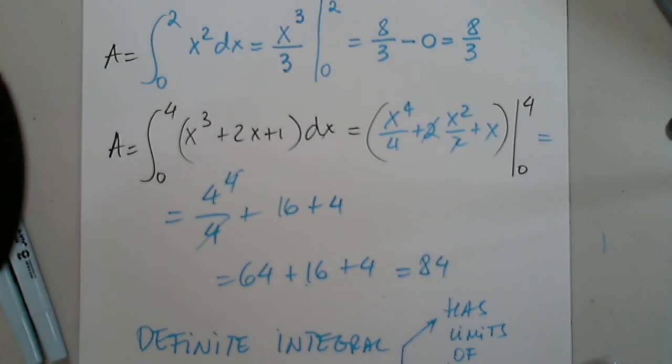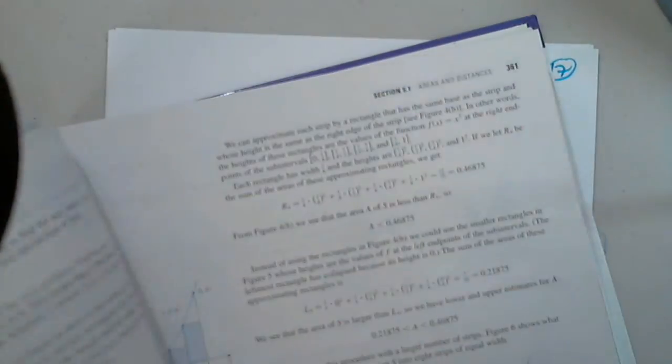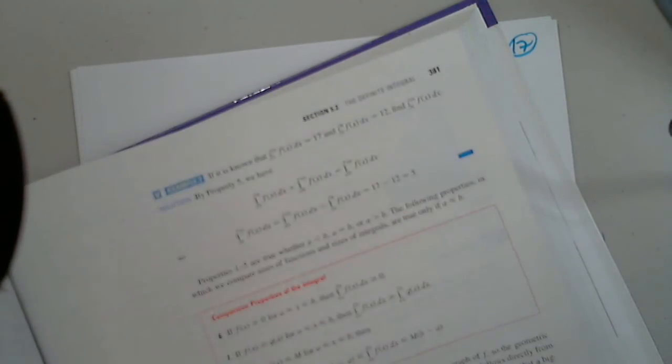So I will just choose from the old book. So I have it right here. It doesn't matter, they're all the same. So I just want to calculate definite integrals. There are properties that we have to look at for definite integrals.